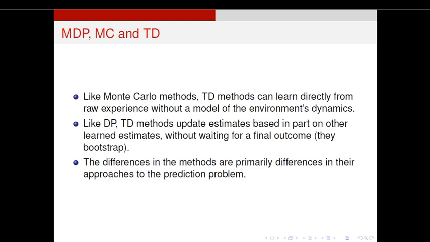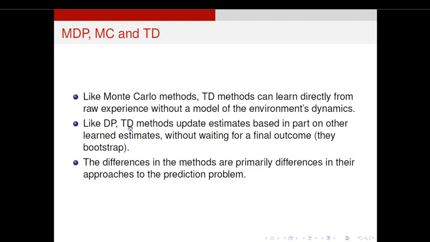TD methods can learn directly without considering any dynamics, the state or environment dynamics. The second thing, like DP, we compare TD with DP. Like DP, TD methods update estimates based in part on other learned estimates without waiting for a final outcome. That is the idea of bootstrapping.